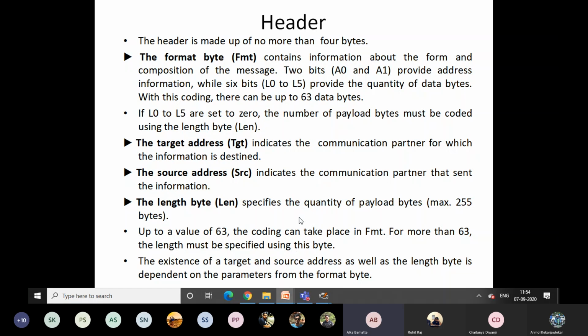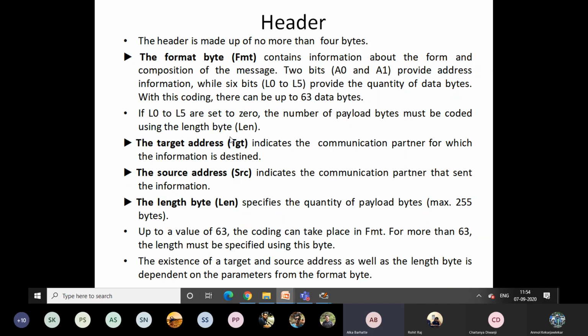Which can be up to 255 bytes maximum. So from 0 to 63 is represented by these 6 bits of the format byte, whereas if the data bytes exceed 63 bytes, it is represented by the length byte.